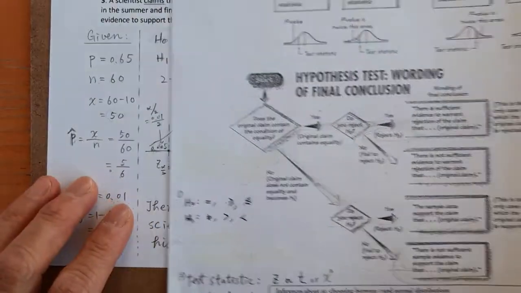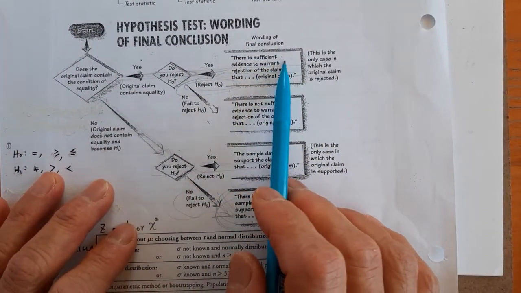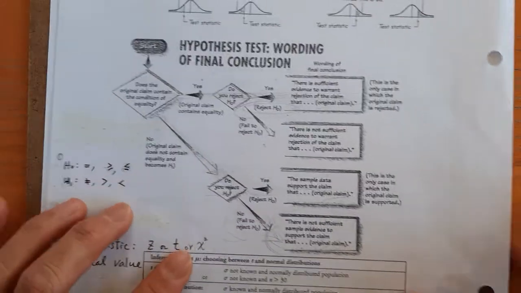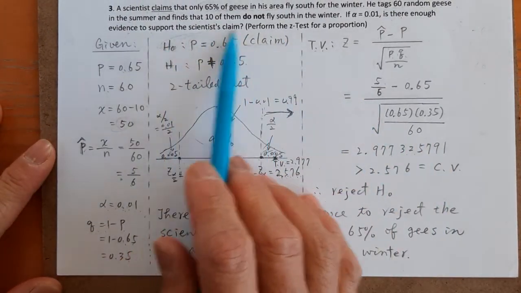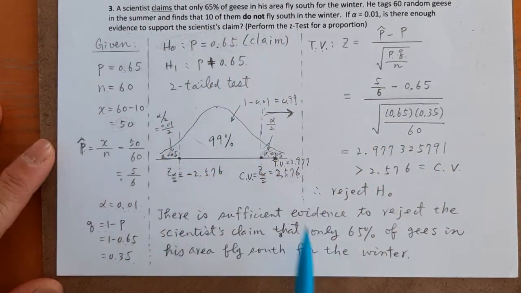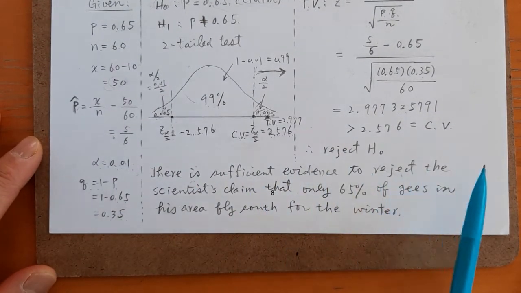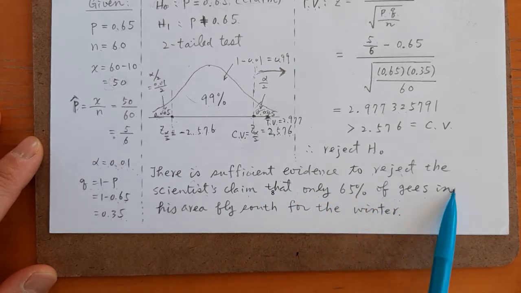Reject H0. Then you will say there is sufficient evidence to warrant rejection of the claim that. So since this is reject H0, reject this claim. So then you will say there is sufficient evidence to reject the scientist's claim that only 65% of geese in his area fly south for the winter.